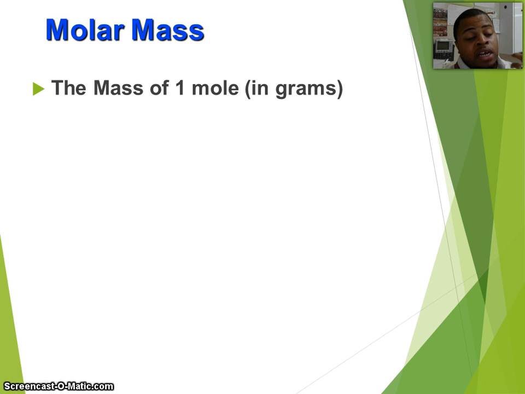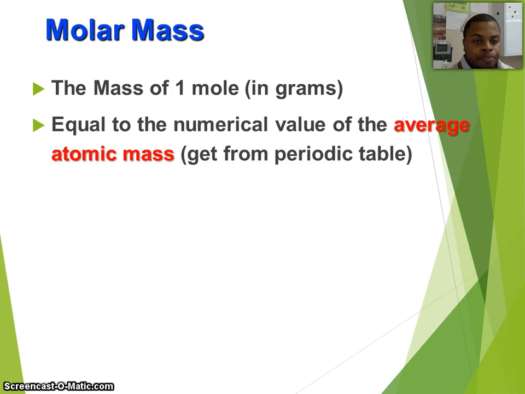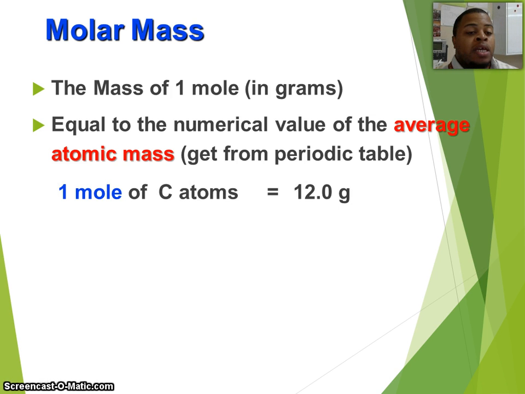We're going to use that number to then represent our mass in grams, or what's called our molar mass of that compound. The easy way to do it is that it's equal to the average atomic mass, directly from your periodic table, no guesswork on that part. So that means if I'm using 1 mole of carbon atoms, they would have a mass of 12.01 grams.